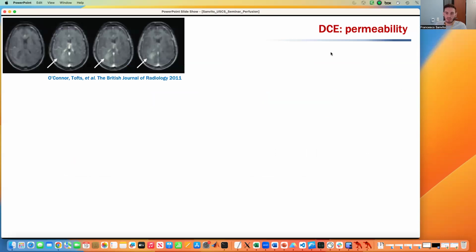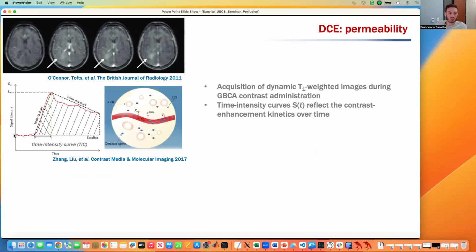So let's talk about DCE, which is a T1 weighted technique. You see these are serial T1 weighted images over time. In the tumor area, we see contrast enhancement that is progressive over time. If we were to plot the intensity of the signal over time, we would see something like this, where there is a baseline, and then when contrast agent arrives within a certain voxel of the tumor, we can see an increase in the signal intensity.